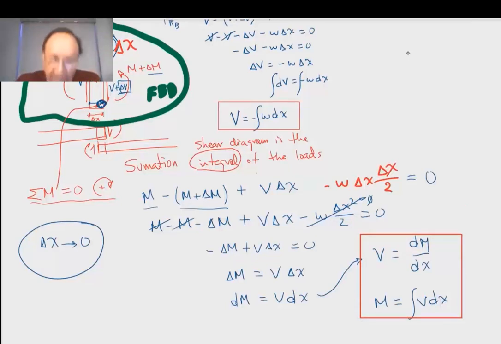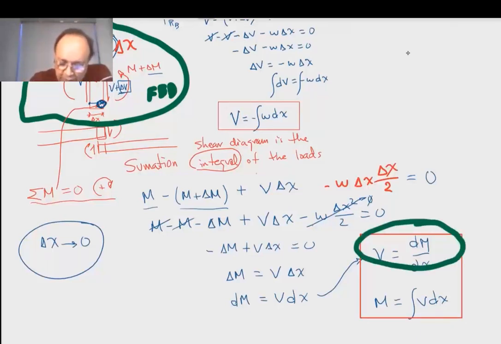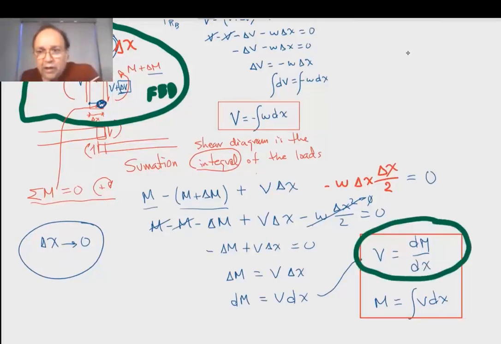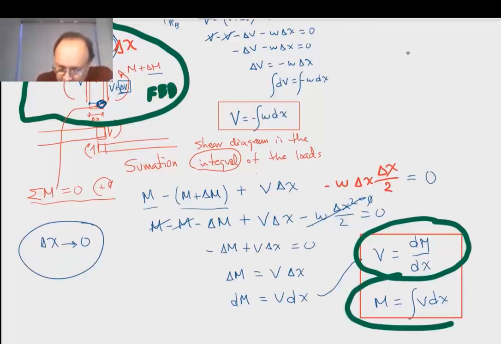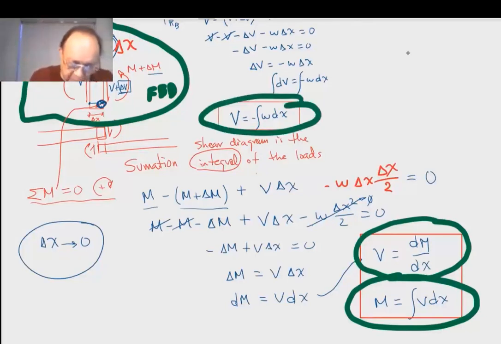In one aspect, V is the slope of the moment diagram. The shear diagram shows the slope of the moment diagram. And the moment diagram is the integral of the shear diagram. So the same way the shear diagram is the integral of the loading, the moment diagram is the integral of the shear.